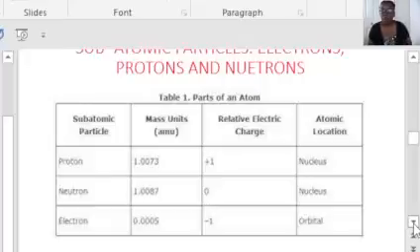The electron is negatively charged. Yes, so basically, on this table, if we are to summarize, only the neutron is neutral. So the proton is positive while the electron is negatively charged, right? Now, next slide.